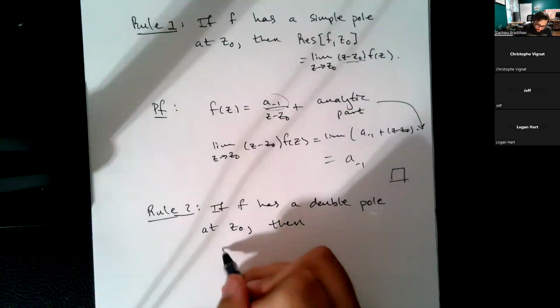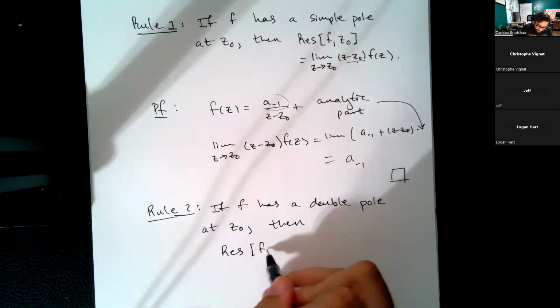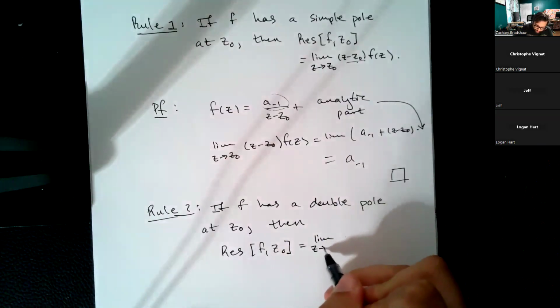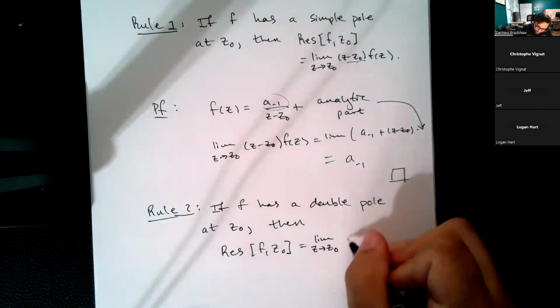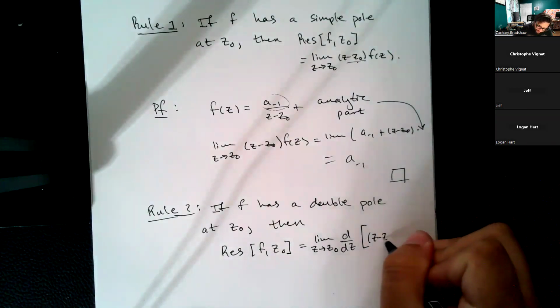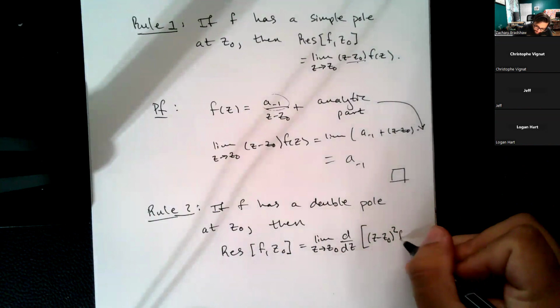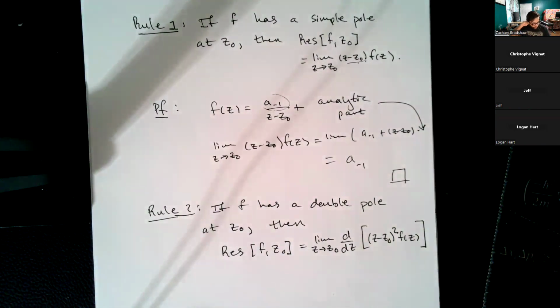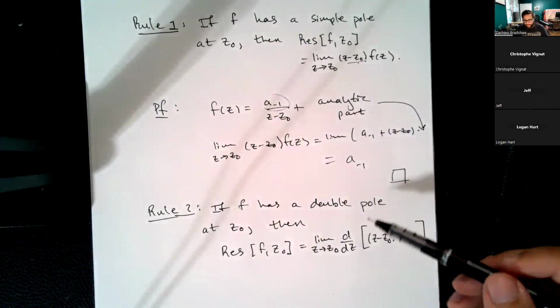Then the residue is the limit as Z approaches Z naught of the derivative of Z minus Z naught squared times F. Okay. And so the proof is more or less the same.